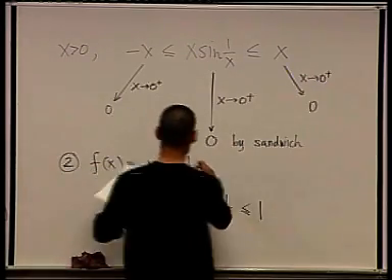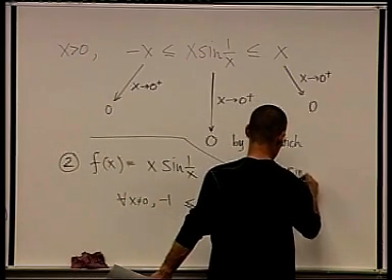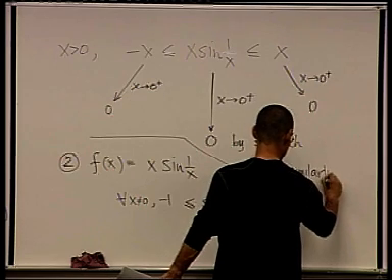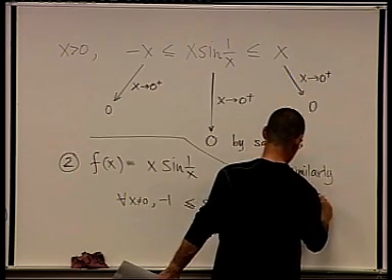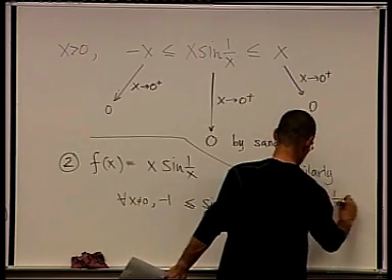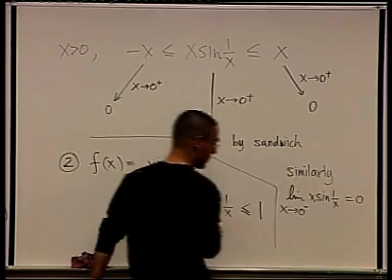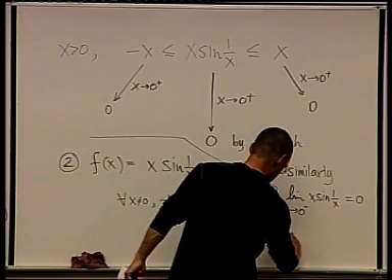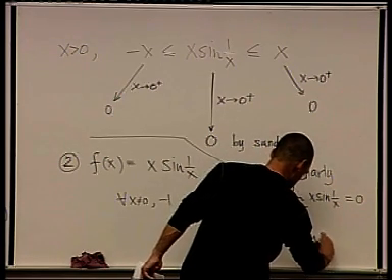And similarly, the limit of x sine 1 over x is 0 when x approaches 0 from the left, and that implies that the limit as x approaches 0 is 0.